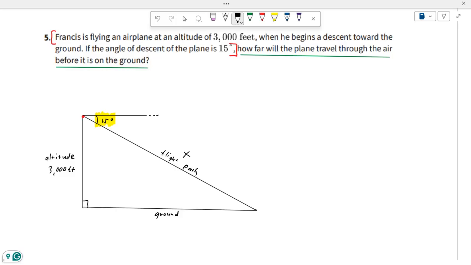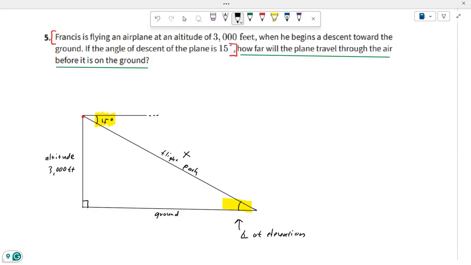So, as you may have seen in the lesson, the angle of elevation, which I have highlighted there, is 15, and has a very special relationship with this angle right here. That angle right there is the angle of elevation. An angle of depression and an angle of elevation are always measured off of the horizontal.